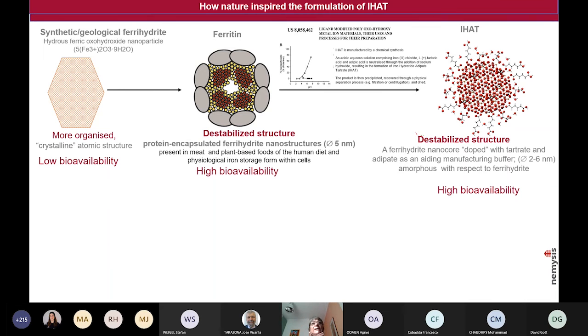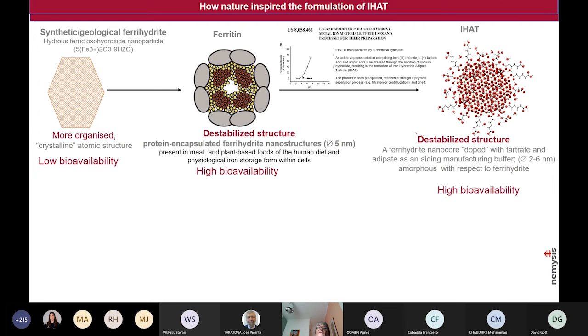But nature, in meat and in plant-based foods in the human diet, as well as in its physiological form of iron storage within the cells, is in the form of ferritin, that if you observe, is a destabilized structure in that the nanocore of the ferrihydrate is made more amorphous by the encapsulation into proteins.